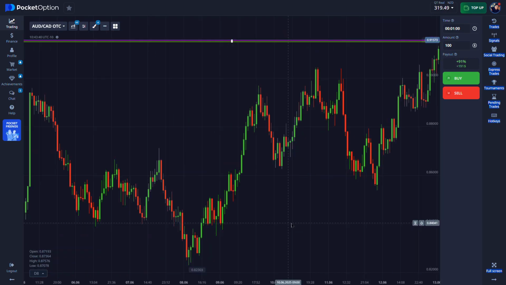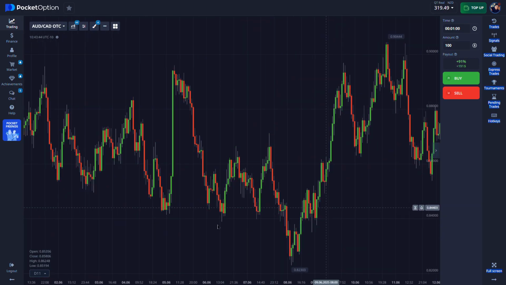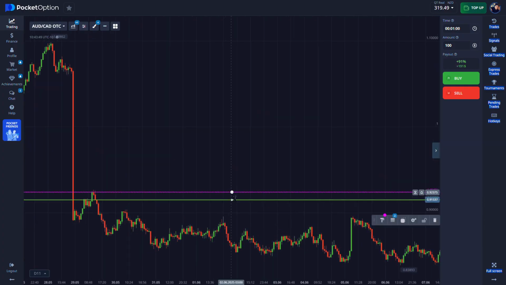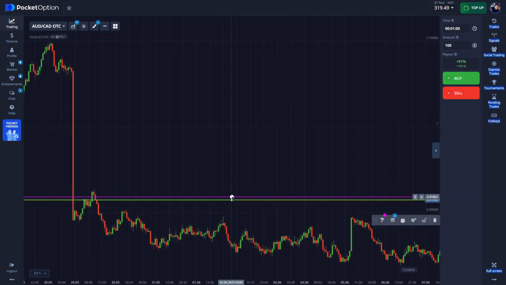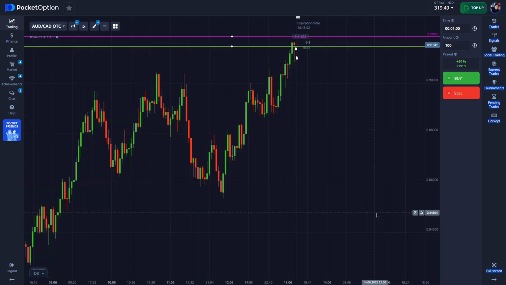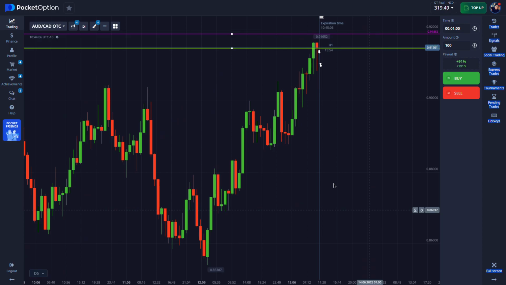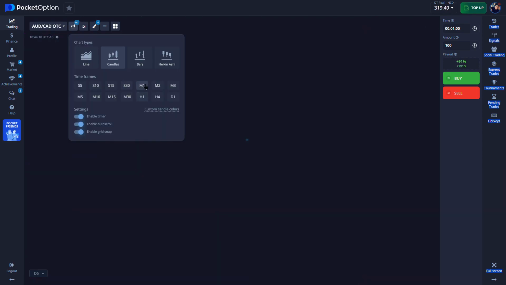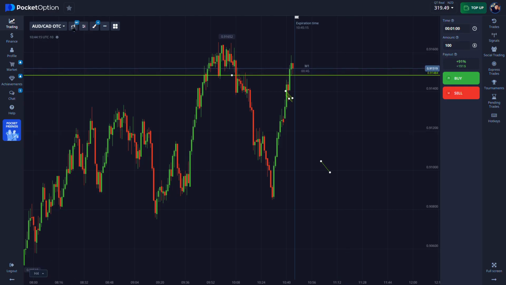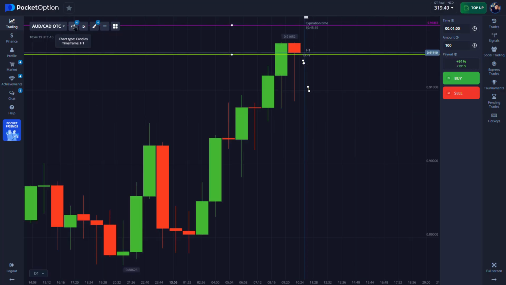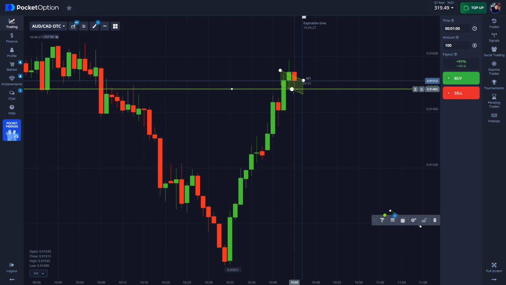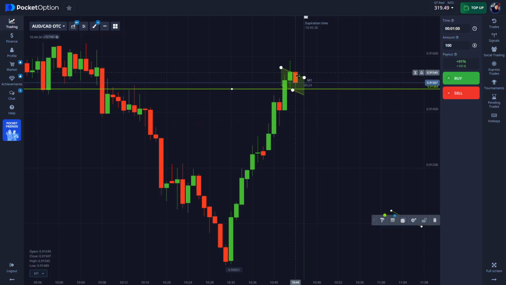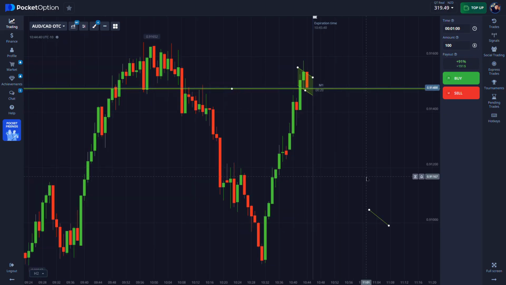A bit of a fair value gap. Flag pattern.